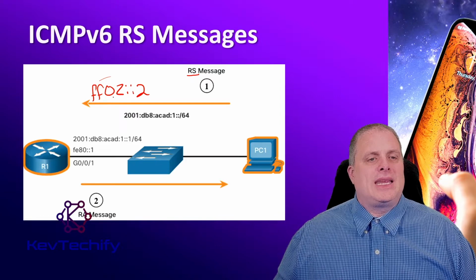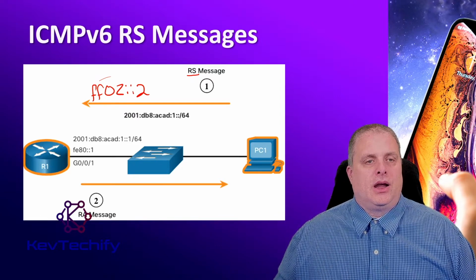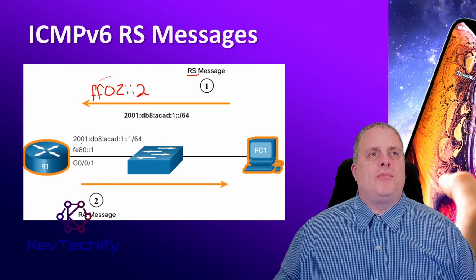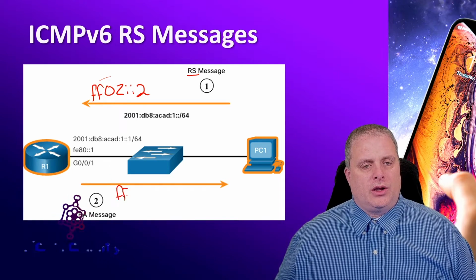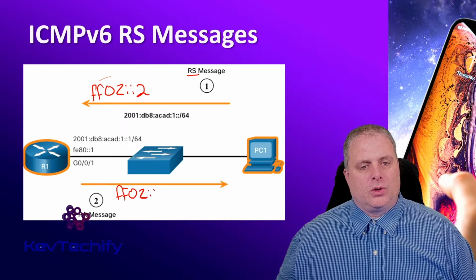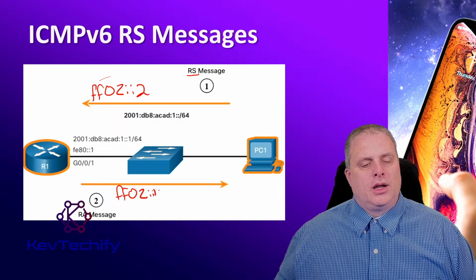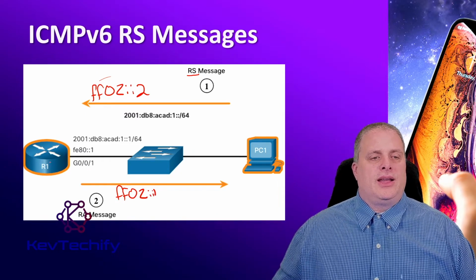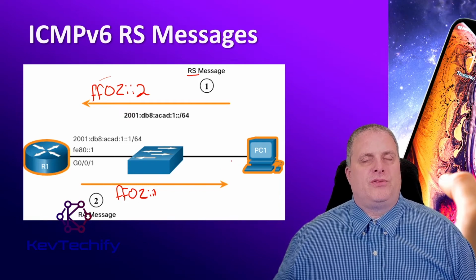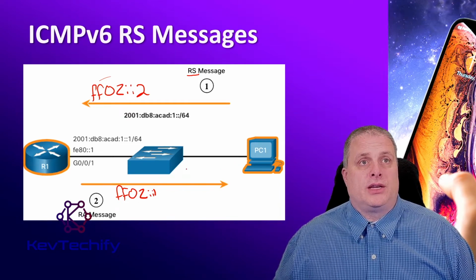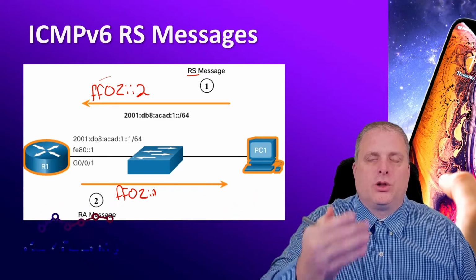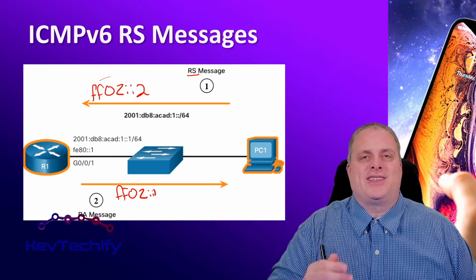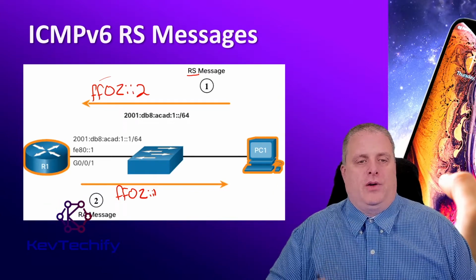The routers hear that. What they do then is respond back to the all nodes group. And so this message goes to FF02::1. That goes back there, and that sends out the information on how to configure your IP version 6 information, specifically how to configure your SLAAC to get your global unicast address and how to generate it.